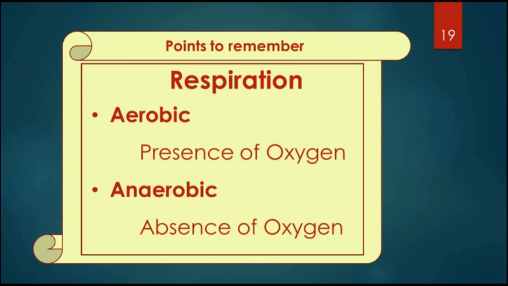And we, the human beings, come under which group? We come under heterotrophic nutrition, in the section that is holozoic. Next, we discussed how the food that we consume results in the production of energy.